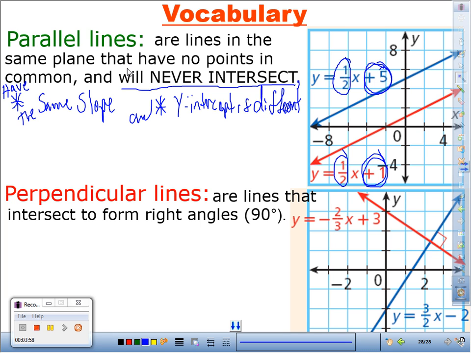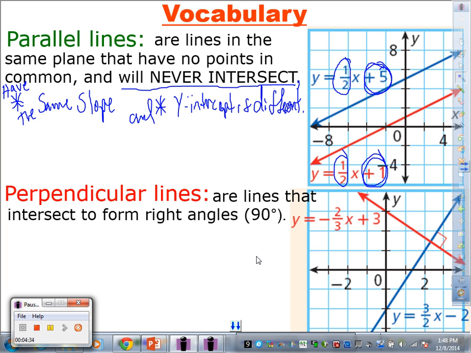Parallel lines will never intersect, have the same slope, and what else? And y-intercepts are different, or different y-intercepts. Very good. Copy that. Okay.